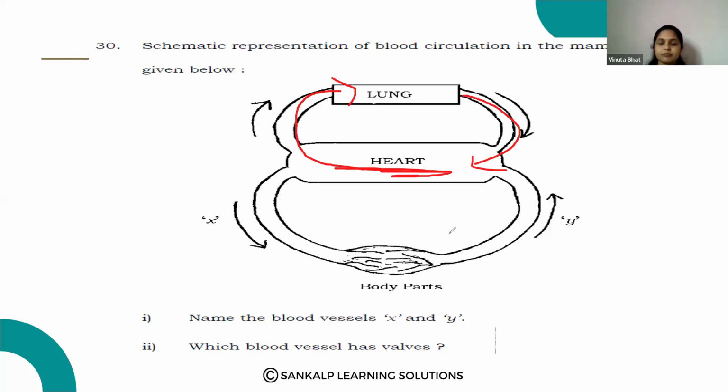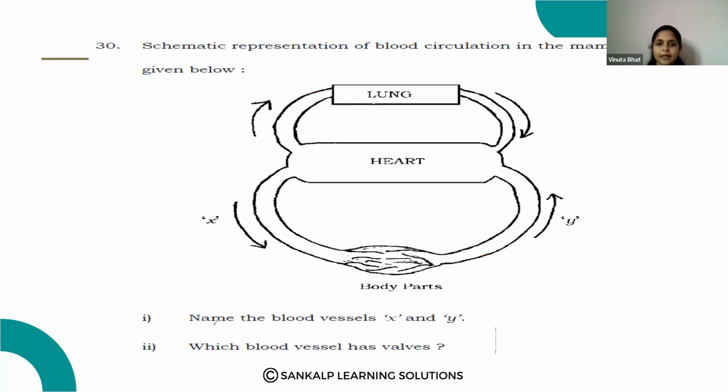Then again the oxygenated blood is supplied to the body parts, and the deoxygenated carbon dioxide blood collected from all the parts of the body is transferred to the heart. So this is the schematic representation.